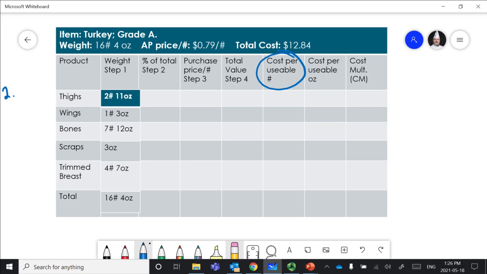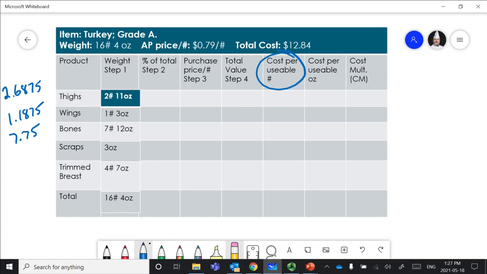And 11 ounces out of 16 ounces in a pound is 0.6875. Our wings are going to be 3 out of 16 ounces in a pound, 1.1875. Our bones is 12 ounces, which is 0.75.